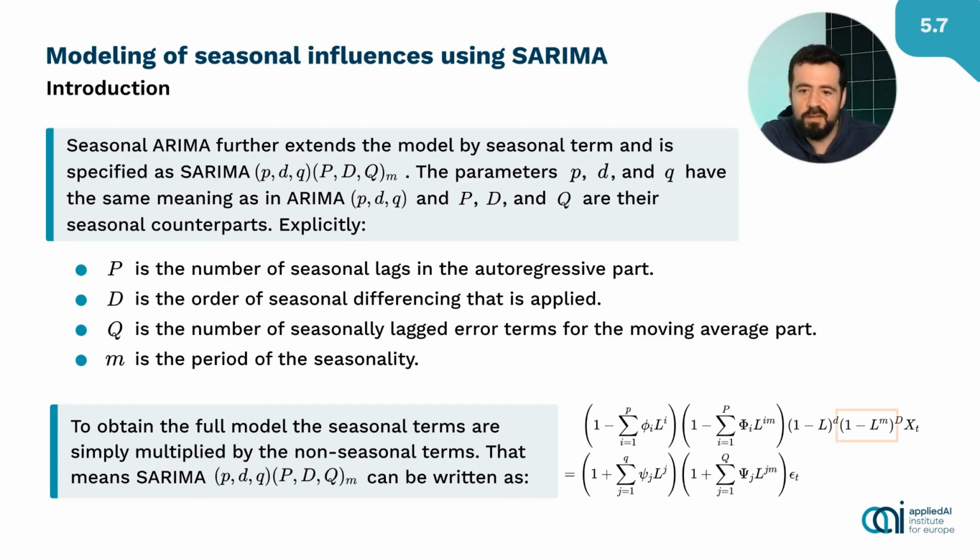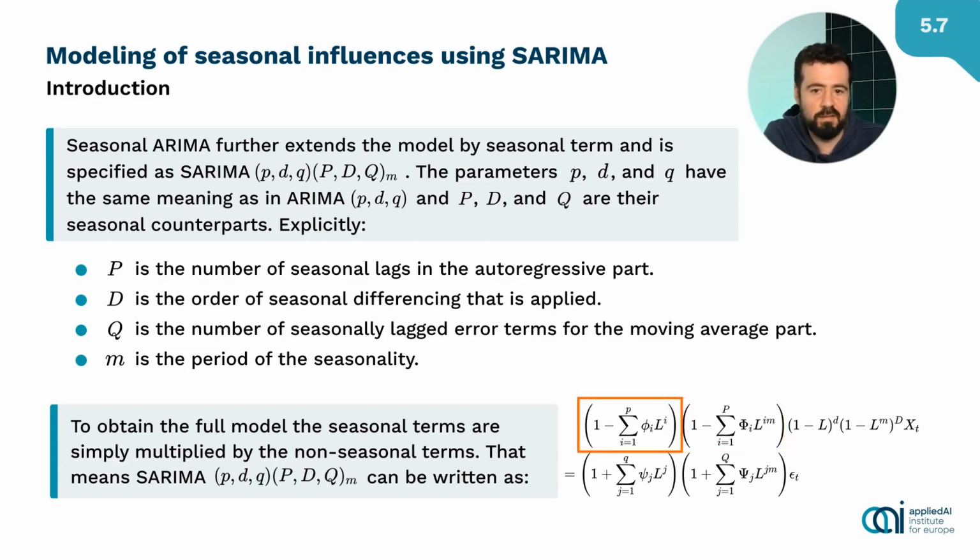First of all, this part here removes all the seasonalities by doing lag M differencing. This part here removes all the trends by doing order d differencing. And this part here describes the seasonal autoregressive part.